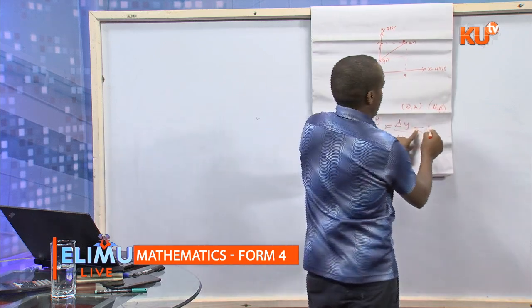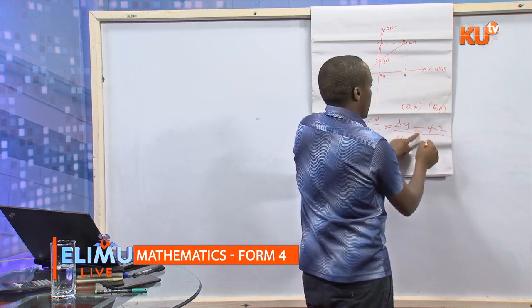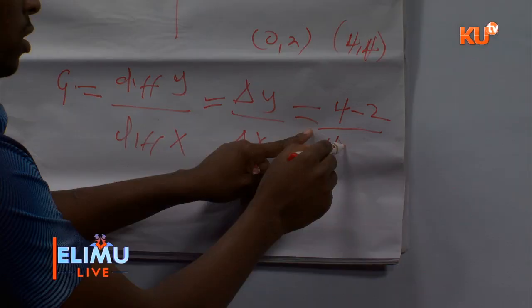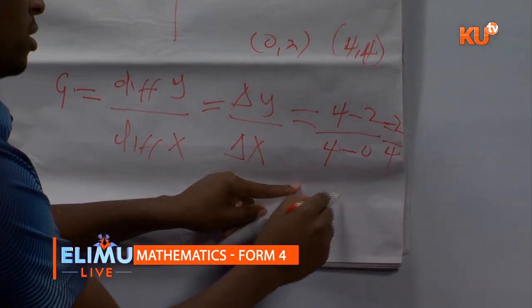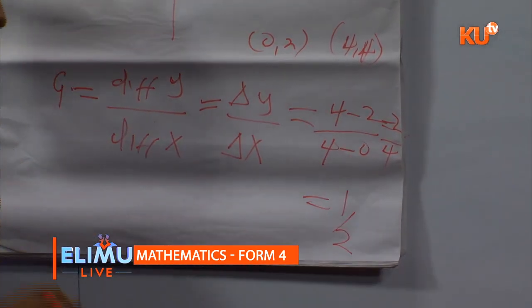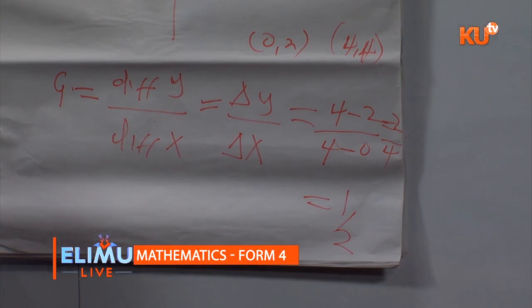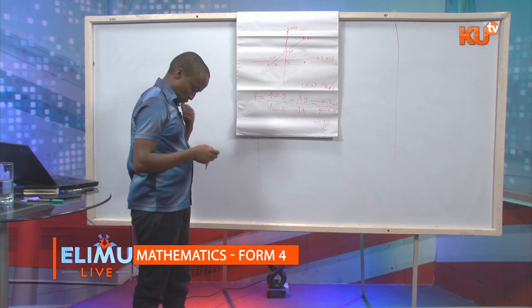So that is 4 minus 2 divided by 4 minus 0, which is equal to 2 divided by 4. So our gradient is equal to a half.